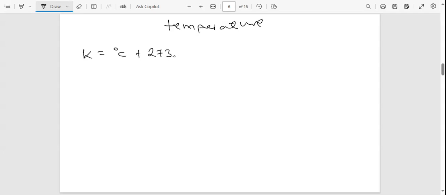Sometimes you can say 273.15, or just 273, but they normally specify. Whenever you have a certain temperature in degrees, you add 273. So 0 degrees is equal to 273 Kelvin. So this is Kelvin, by the way.